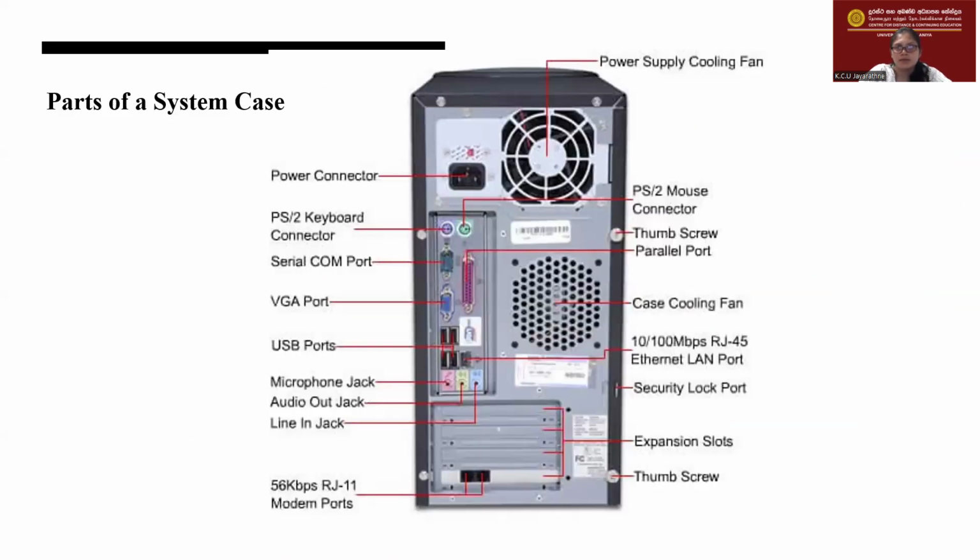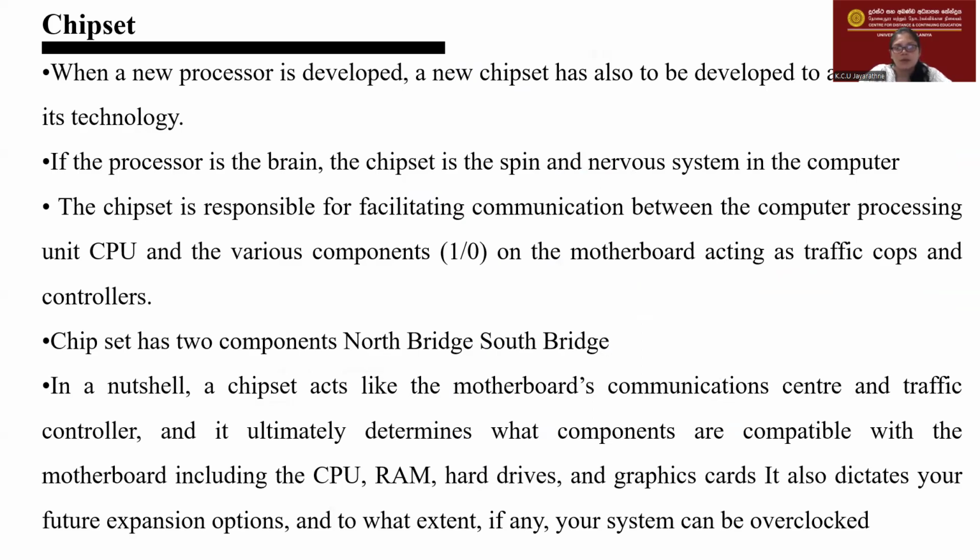So next we move on to the chipset. What is this chipset in a computer? When a new processor is developed, a new chipset also has to be developed to accommodate its technology.